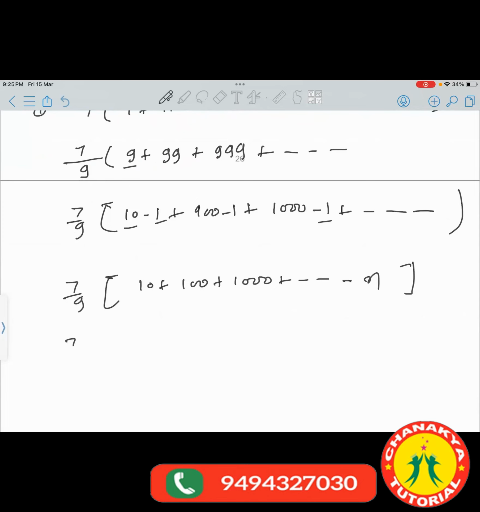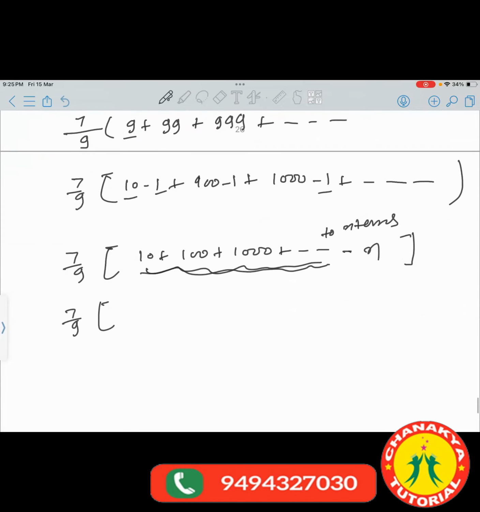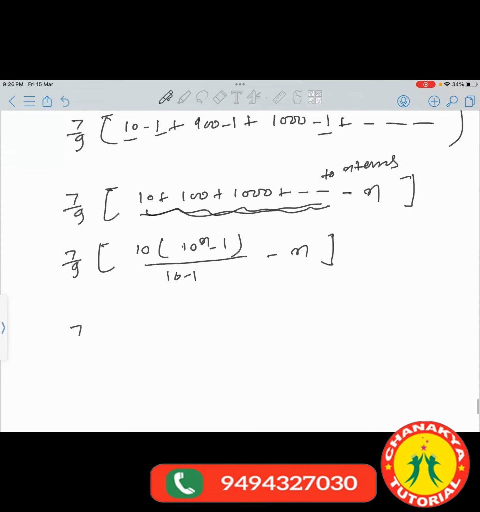This is basically a GP, so we can write the Sn formula for this. Sn is a times r power n minus 1 upon r minus 1, where a is 10 and r is 10, minus n. So 7 by 9, 10 power n minus 1 upon 9, minus n. This is the final answer.